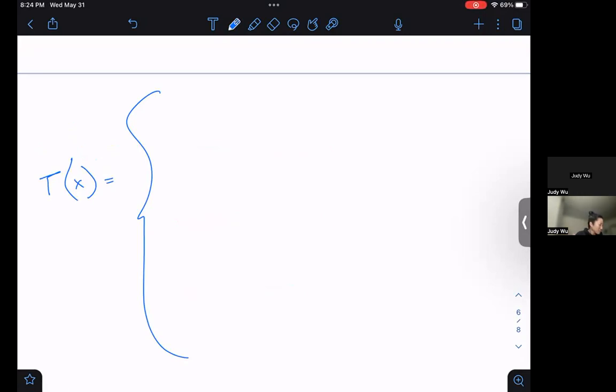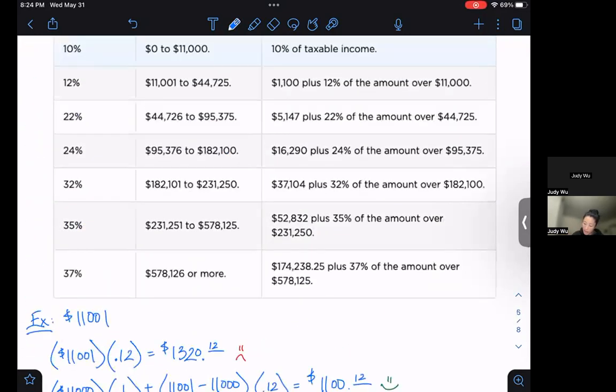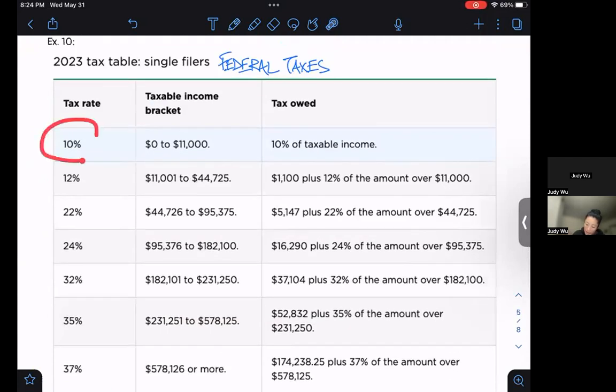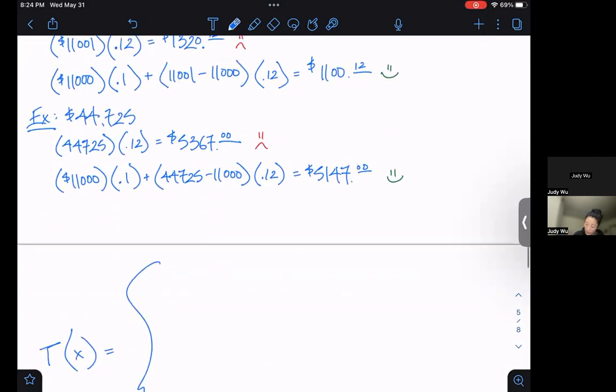So in this particular model, let's go back up here. We've got a 10% tax rate as long as x, or your income, is between 0 and $11,000. So here's how I would write that in a piecewise function.